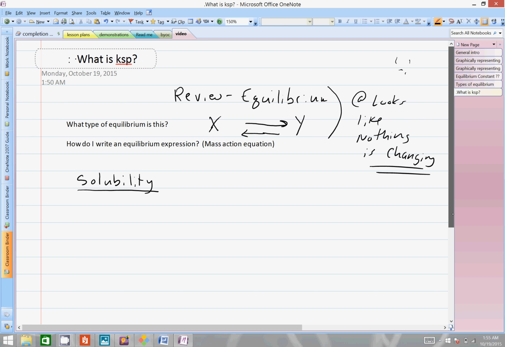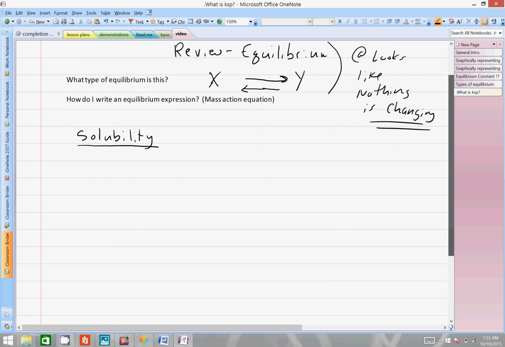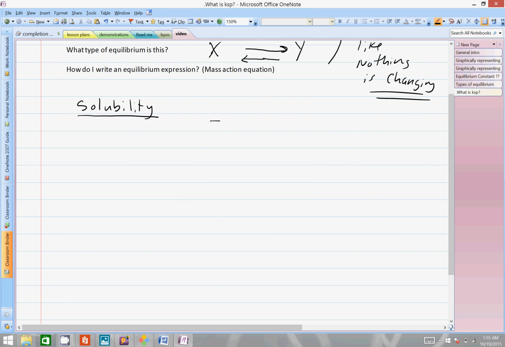The picture of this is pretty straightforward. You take a beaker, and inside this we simply drop in some salt or some ionic compound.